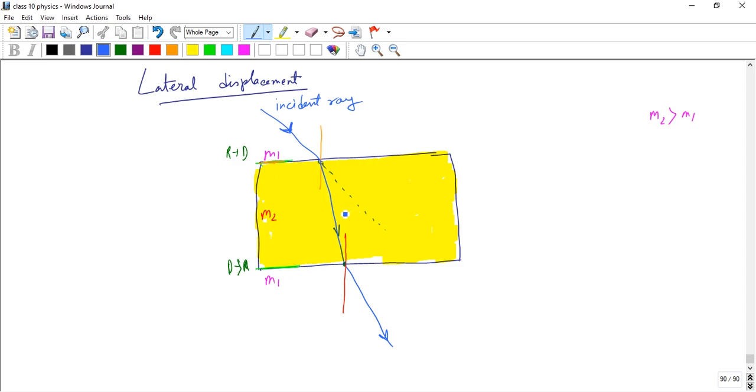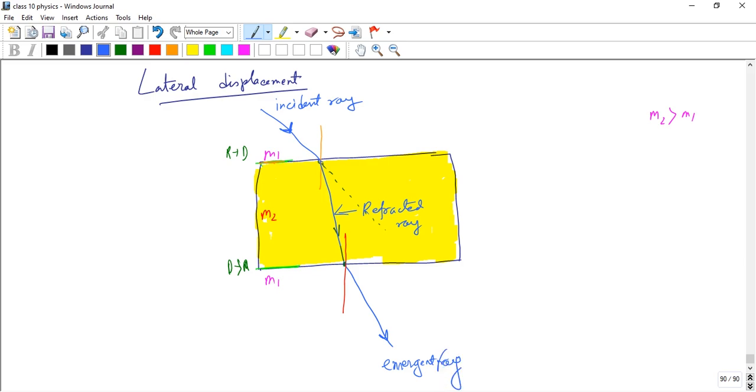That is the refracted ray. Sorry, the refracted ray, and that's also called the emergent ray. This ray is called the emergent ray.